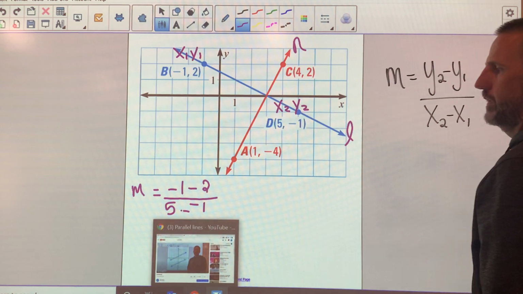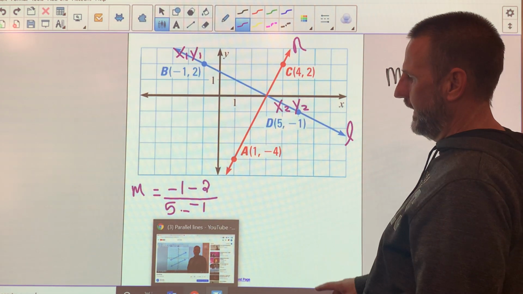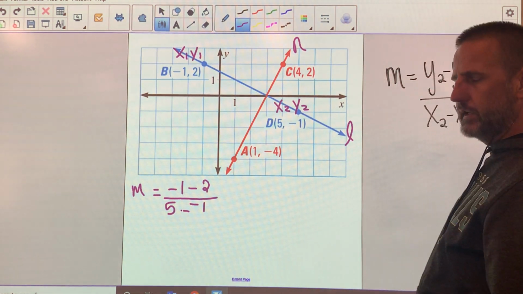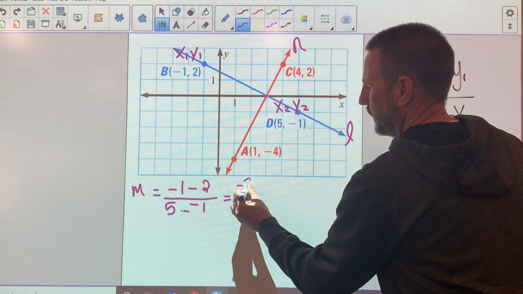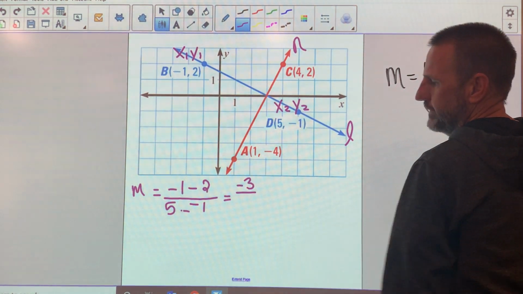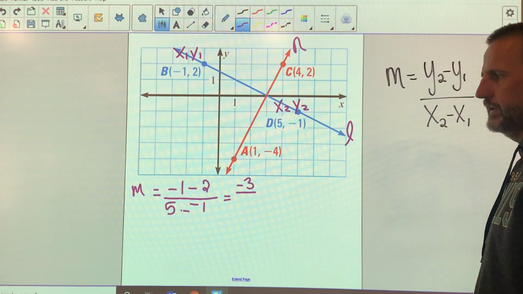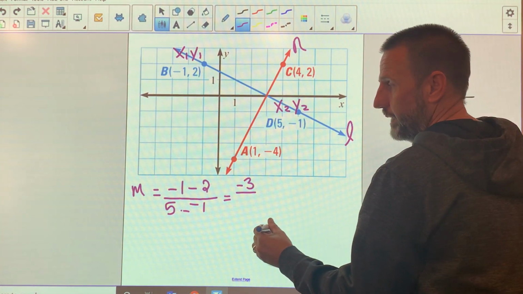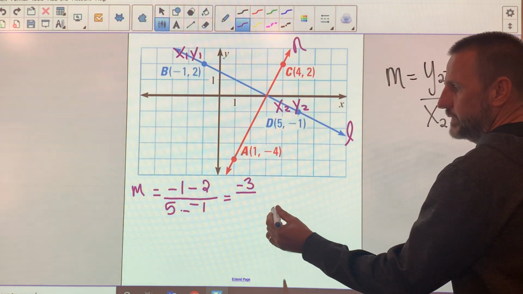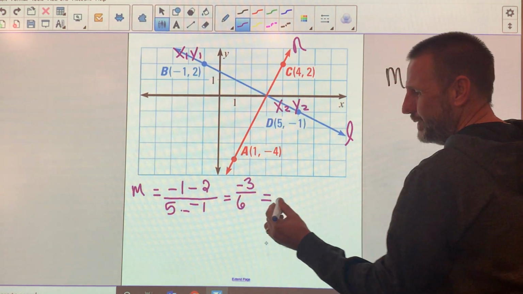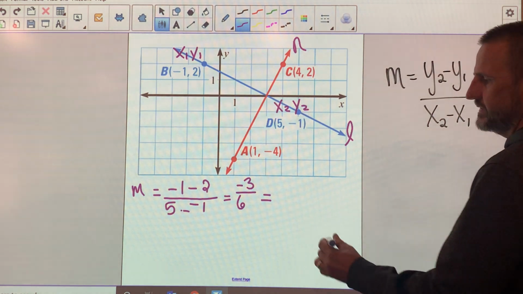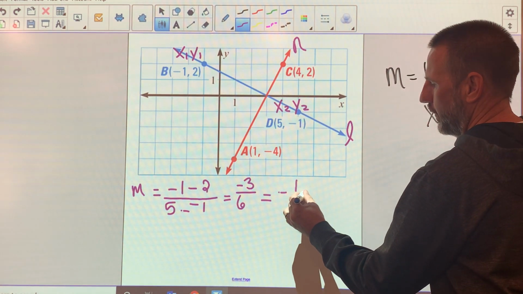All right, well, let's simplify that. -1 minus 2 gives me -3. And 5 minus -1 actually gives me 6, because when you minus a negative, it turns into positive. So that's 5 plus 1, 6, which can be reduced. -3/6 is the same thing as saying -1/2.